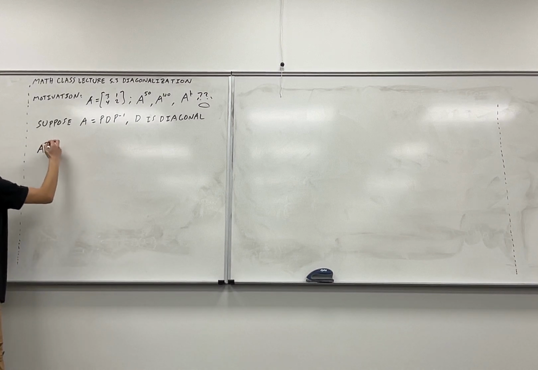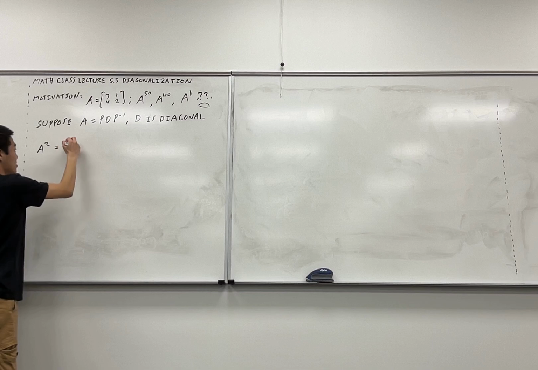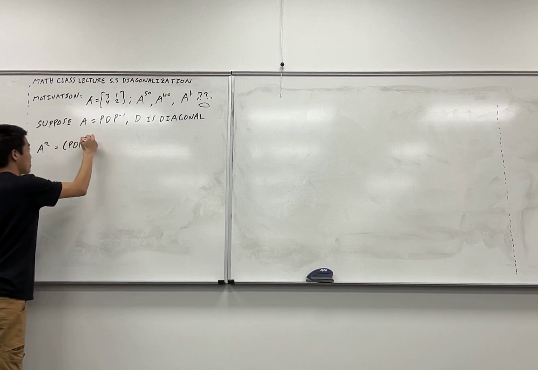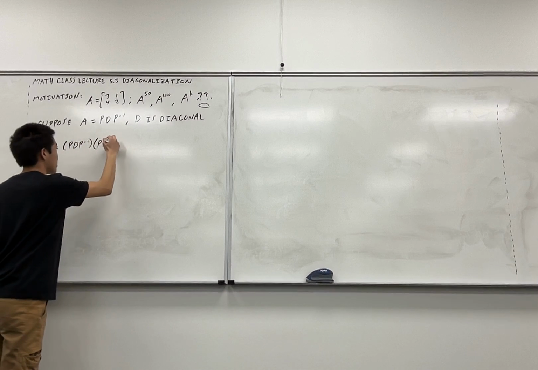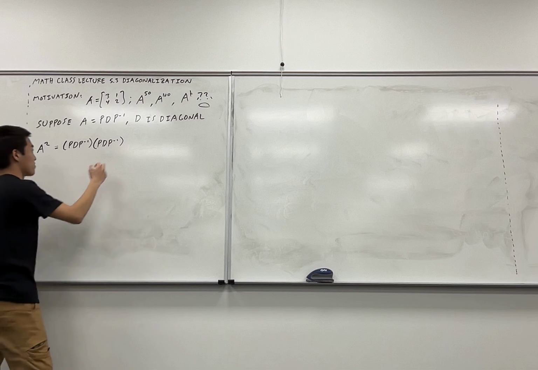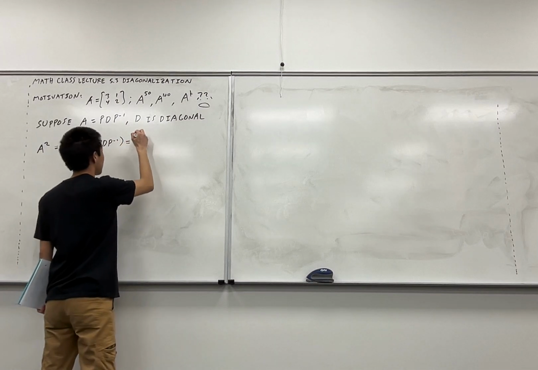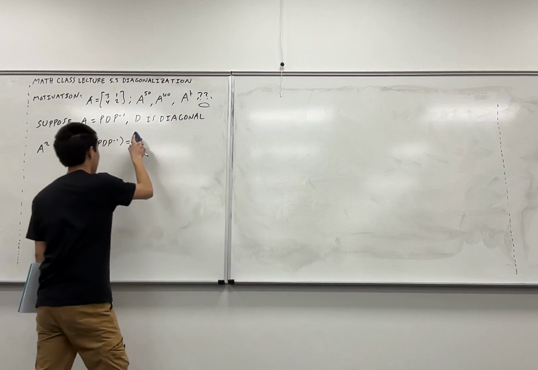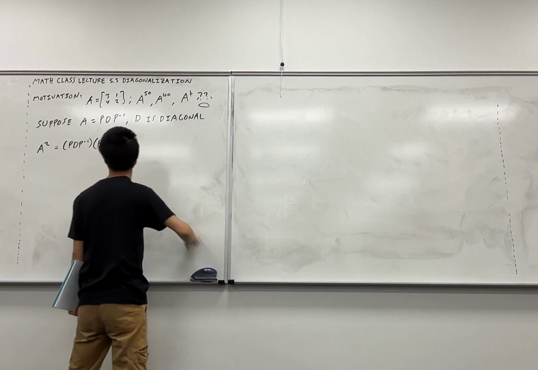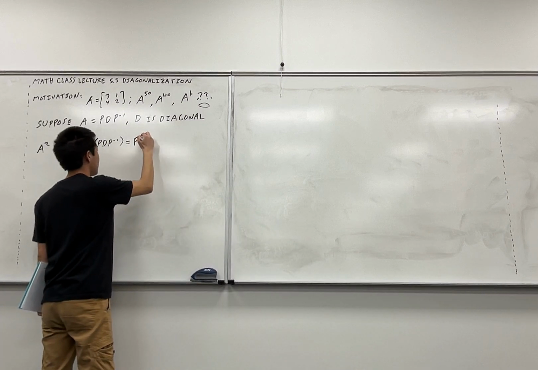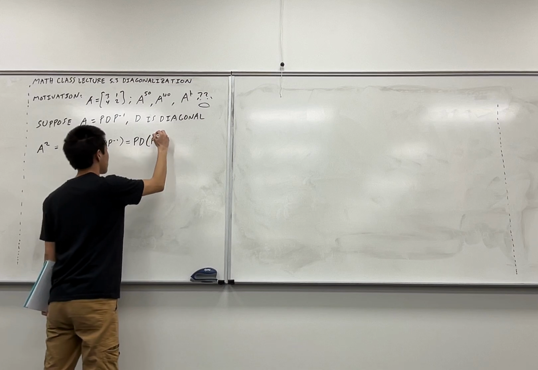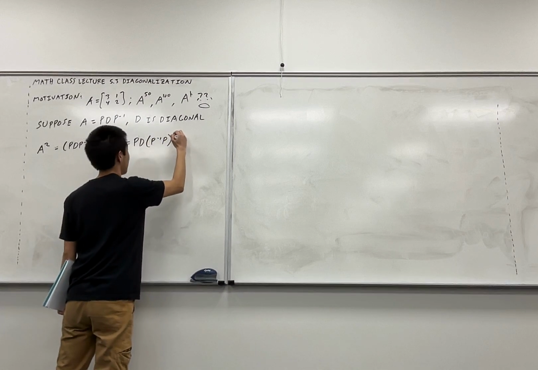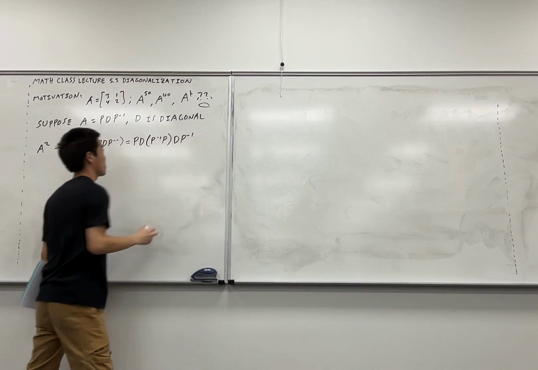Let's look at the case of A squared. What I have is PDP inverse times PDP inverse. But because of associativity, I can take my P and D, and do the P inverse times the P first, and then I have D and P inverse.